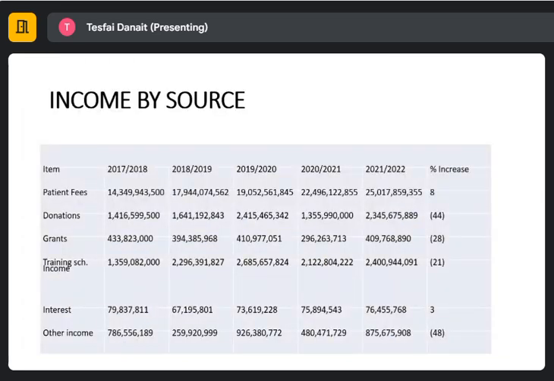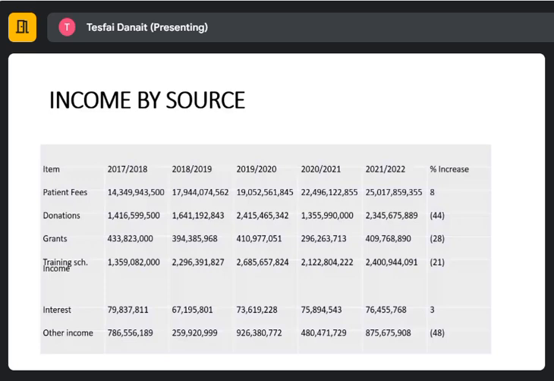But if you look at just the patient fees, for 2021 to 2022 it's already 25 billion, meaning the patient fees alone can almost cover the total costs. And if you add the other income, then it's a profitable organization.